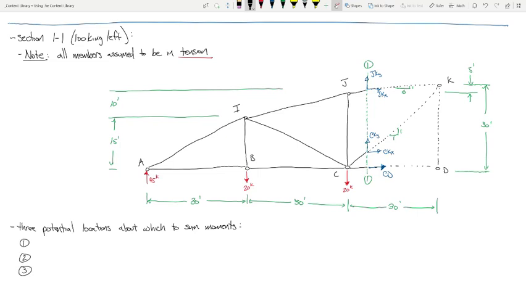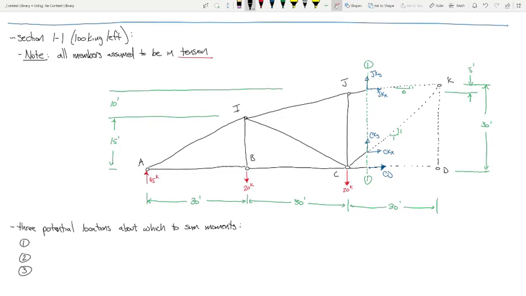All right, and we're going to talk about each of these, and I want to investigate which one makes sense, which one we think is easiest, which one we're going to go with, etc. So can somebody identify a truss joint about which we could sum moments and would eliminate some unknowns? As many unknowns as possible.